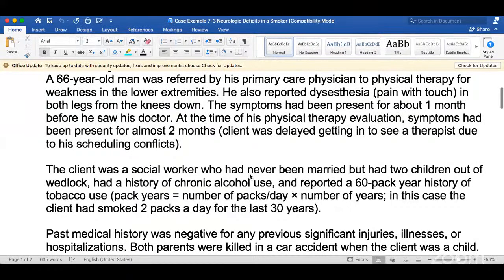Then also the client being an alcoholic person as well as a smoker over a long period of time has exposed him to a lot of health conditions that might hamper his well-being.